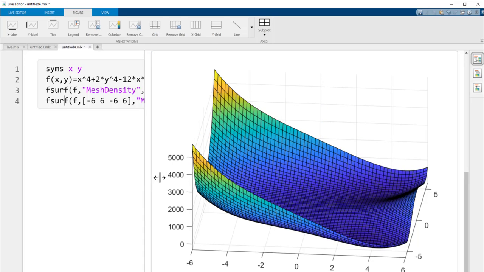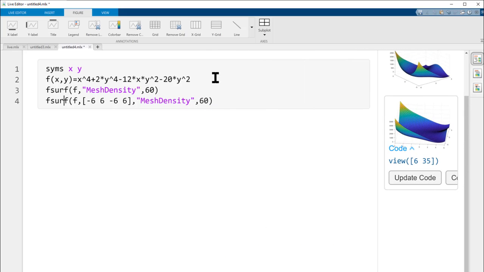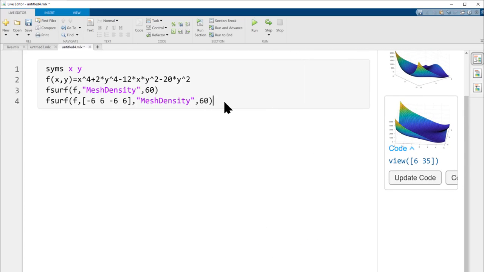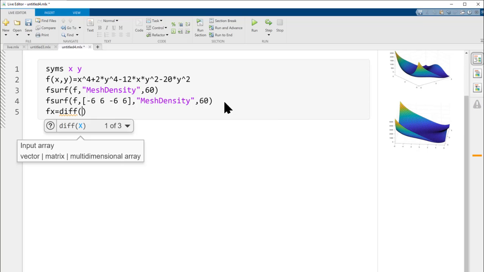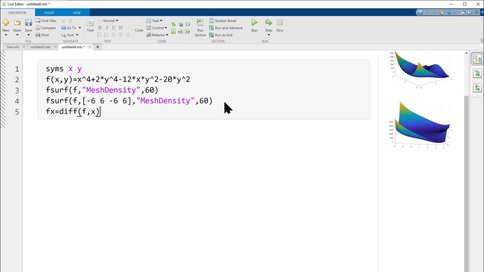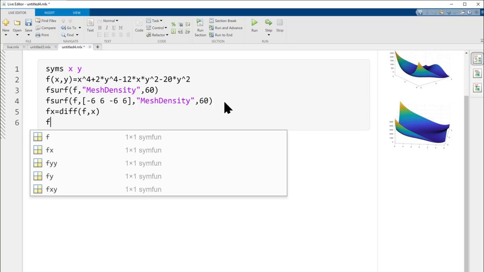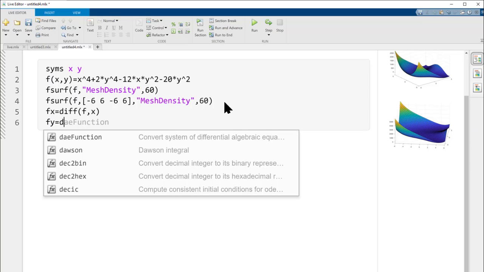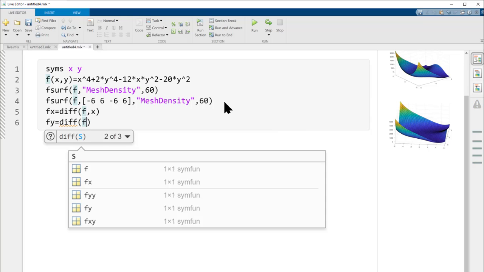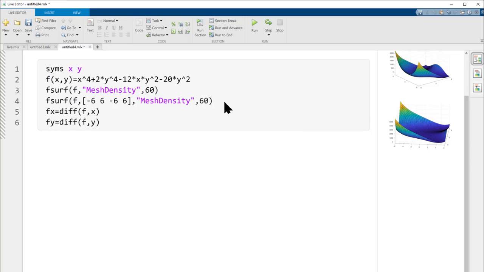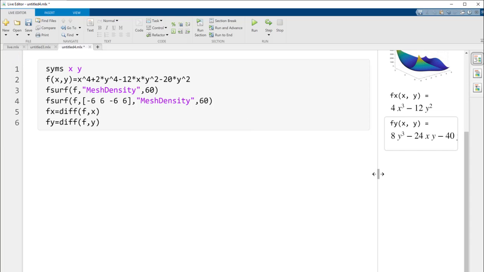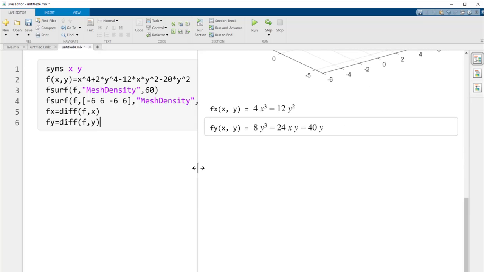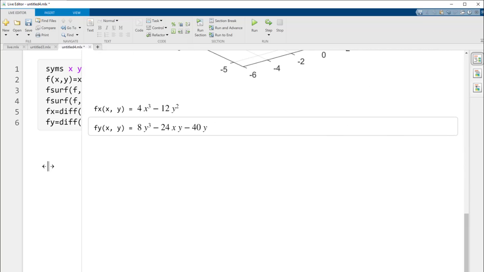So let's go ahead and examine the partial derivatives. We will take fx equals the derivative of f with respect to x, then fy equals the derivative of f with respect to y. And I again forgot to remind you that after we do everything, we just use Control Enter.